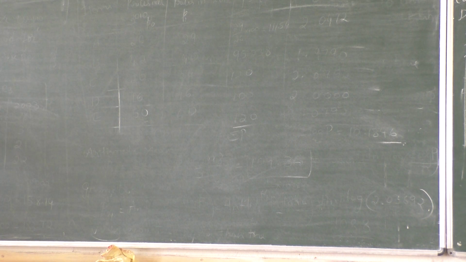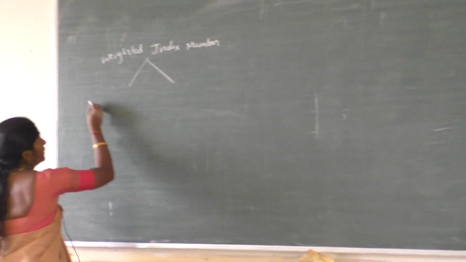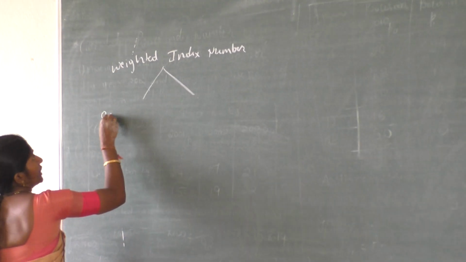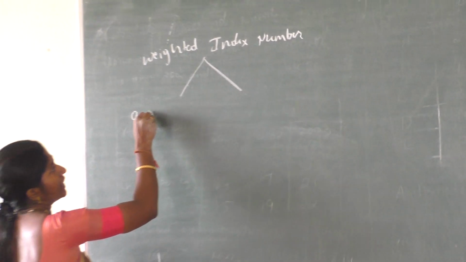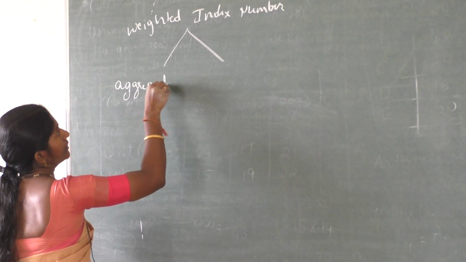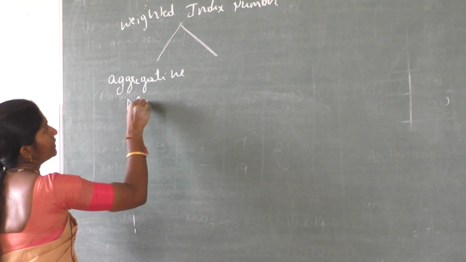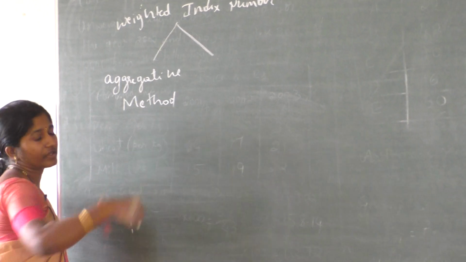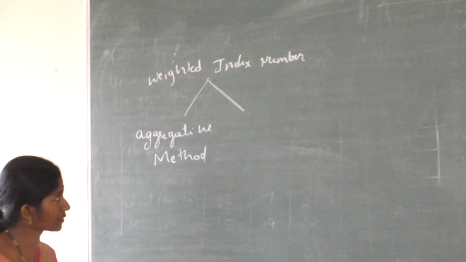Weighted index number. Again, here also, in the last class I gave two types. One is the weighted aggregative method or index number, weighted aggregative index number.